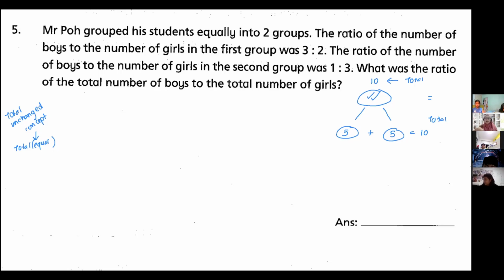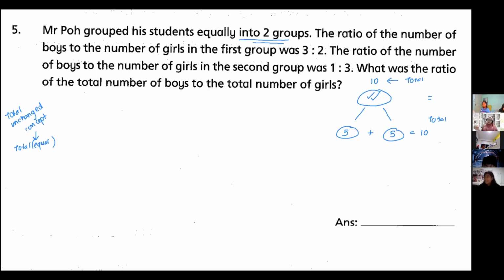There's no one who leaves the group. There's no one who entered the group. It's just that the students are separated into two groups. Understand? Whatever number of groups you have, the number of students still remains the same. Okay? So the students are grouped into two groups.